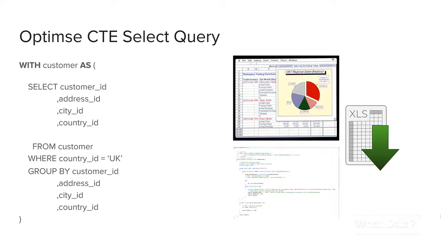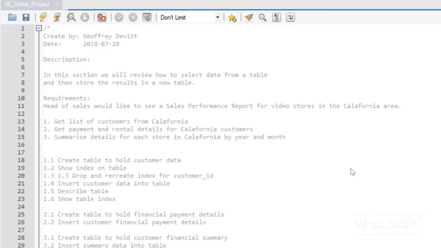For our live coding example, I will now show you how we can recreate our sales query to use common table expressions. To start, I've opened up my sales project query, and I will now work through this query to show you how I can change parts of this query to use common table expressions instead of using permanent or temporary tables.